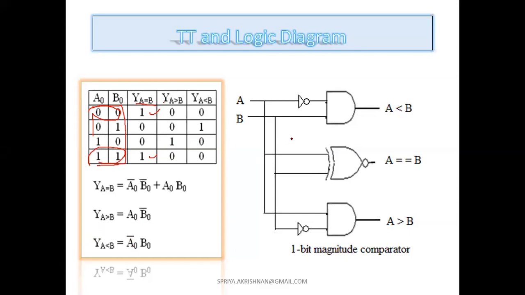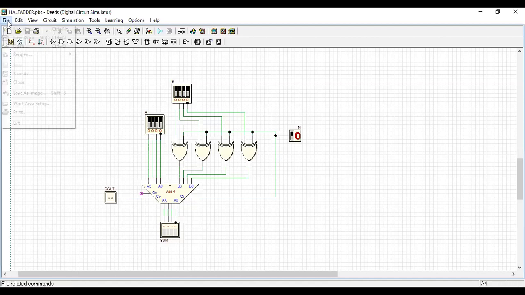So what are all the gates we want? We want 2 NOT gates, 2 AND gates, and 1 XNOR gate. So these are the components we need. So I'll go to the software and create a new circuit. I'll pick up what I want. I picked a NOT gate.